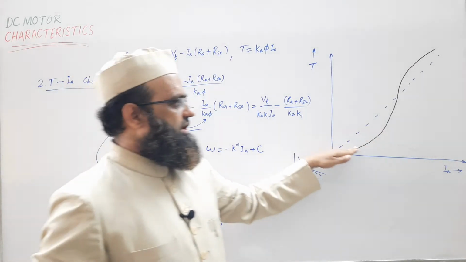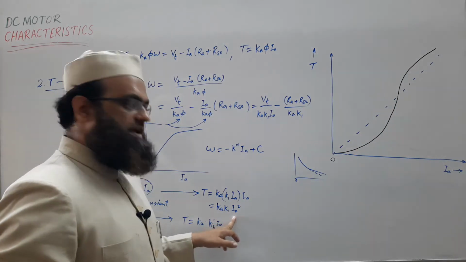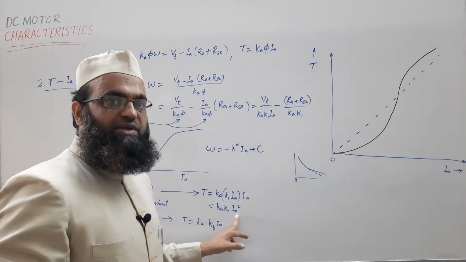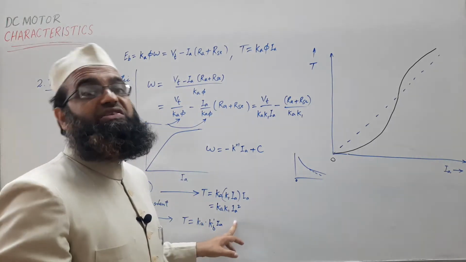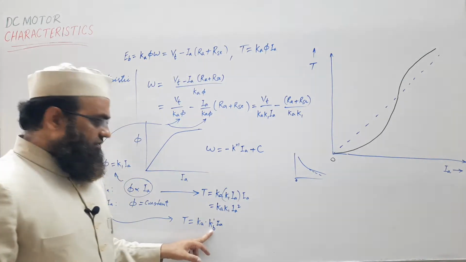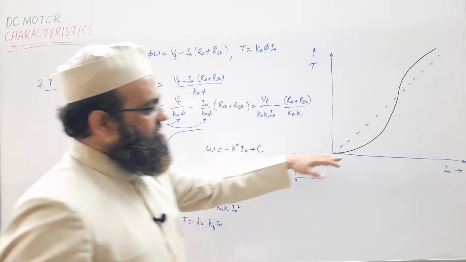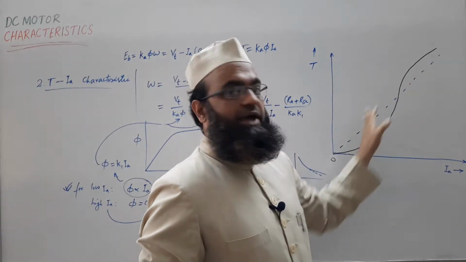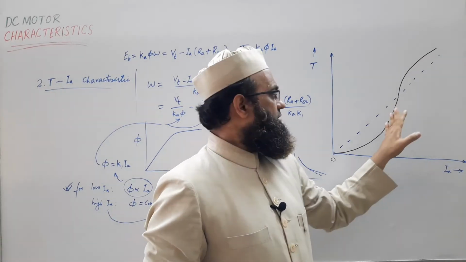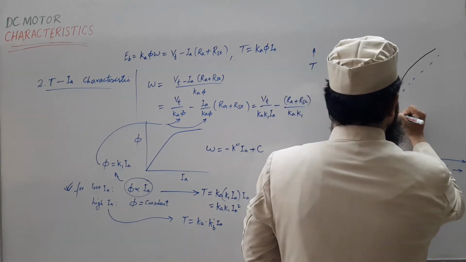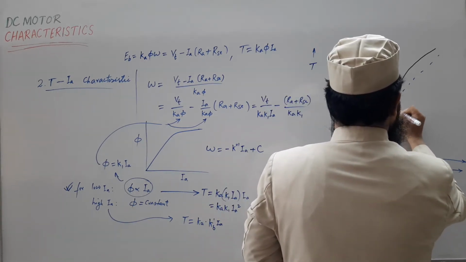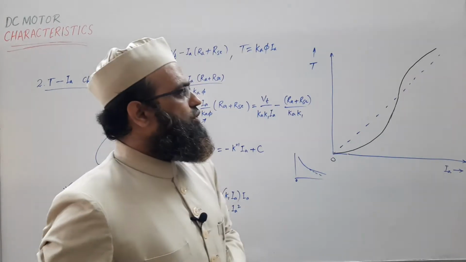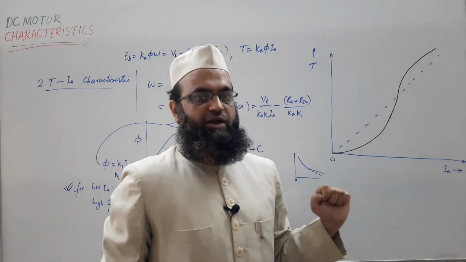It means the slope increases. We know that this is Ia square. So take the first derivative. This will be twice of this times Ia, meaning with increasing Ia the slope also increases. But for this part the slope becomes constant. So initially the slope increases, then becomes constant, and the function is differentiable everywhere. So don't make any corner in between. You may draw like this, right. Don't make a corner anywhere, because at a corner the first derivative is not defined, meaning the slope is not defined.